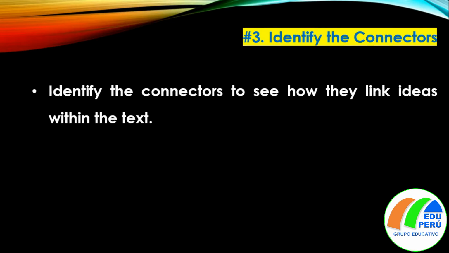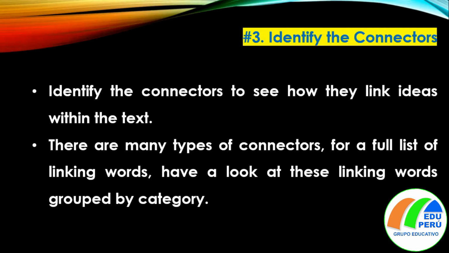Another one is to identify the connectors, to see how they link ideas within the text. This is related to the discourse markers, no? We are going to use some conjunctions or prepositions or adverbs or adverbial expressions that link the ideas within the text. There are many types of connectors. For links here, have a look at these linking words grouped by category.